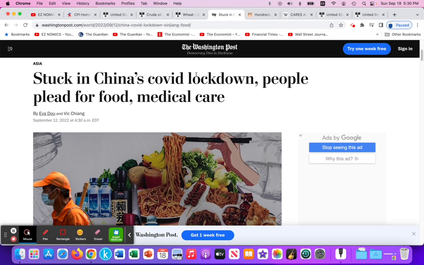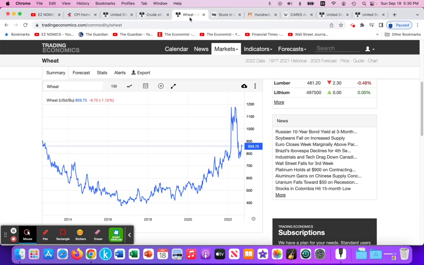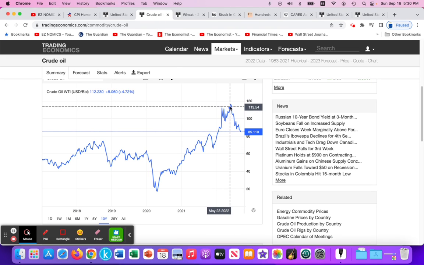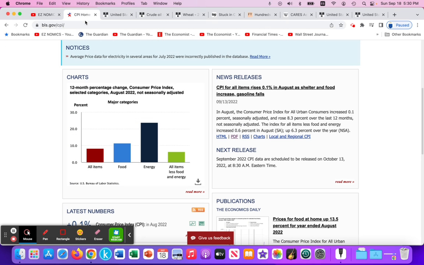We also have China's continued use of strict COVID lockdowns that prevent labor in China from going to work and producing and providing the inputs and outputs needed by firms in other regions of the world. We have the Russian-Ukrainian war adding to rising food prices, and rising petroleum and natural gas prices. So all of that is contributing to this cost push inflation that we see here with food and energy.